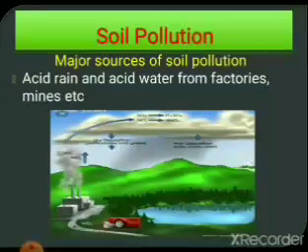Gases from factories, chimneys and automobile industries get accumulated in the atmosphere, and combine with water to produce an acid. This acid falls on the surface as rain and hampers the soil. In this way, soil is getting polluted.